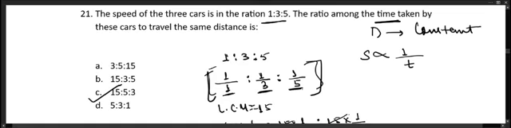We can't keep the values in fraction while they are represented in a ratio, and that is why we took the LCM of the denominators. We got the LCM as 15. After that, we multiplied each term with 15 so that the denominator gets eliminated and we get the answer in whole numbers.